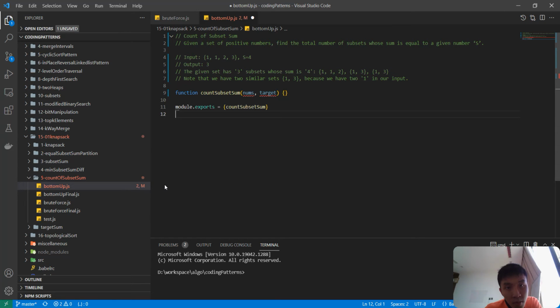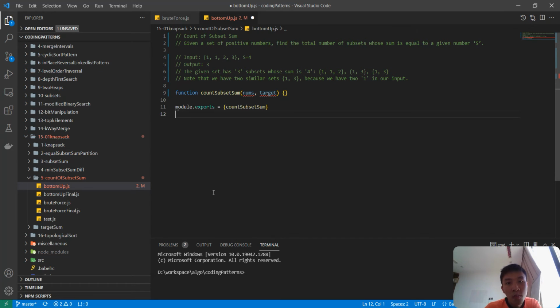But for the bottom-up approach, we use a two-dimensional table and start to build up from the bottom.